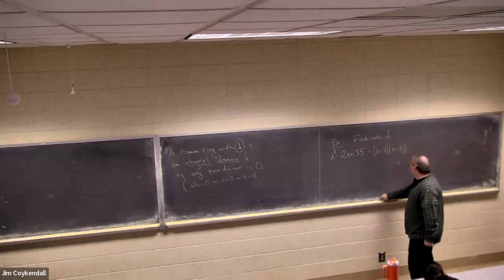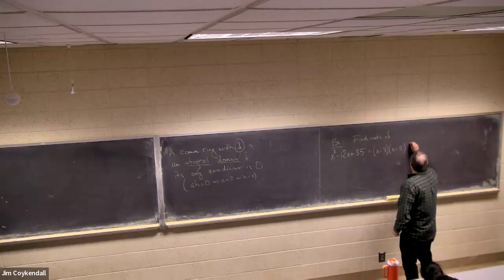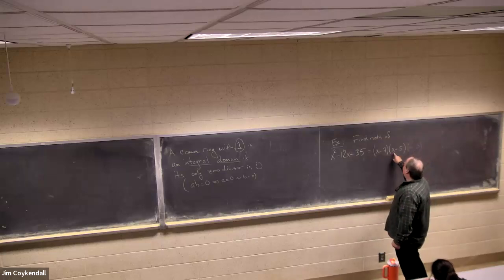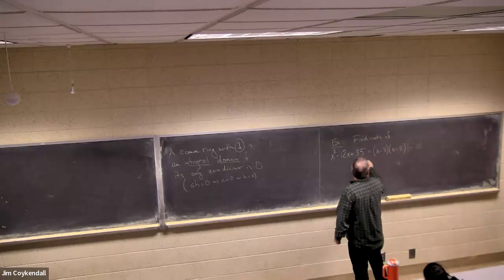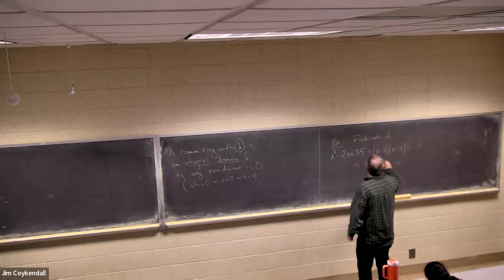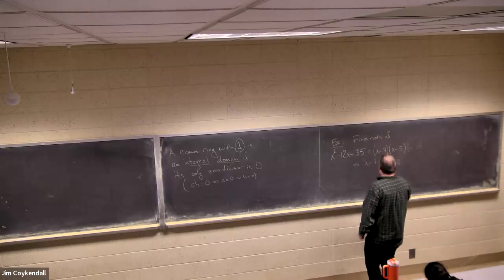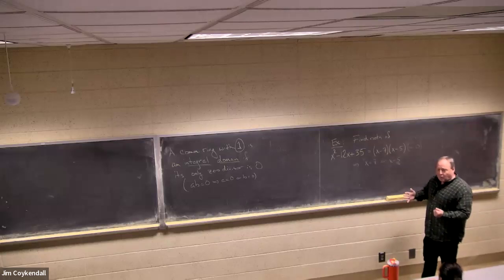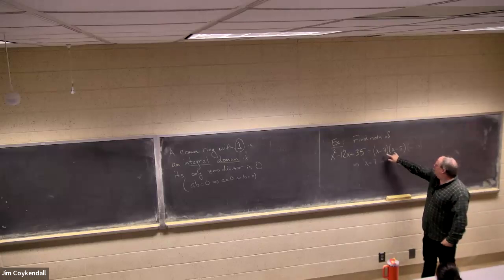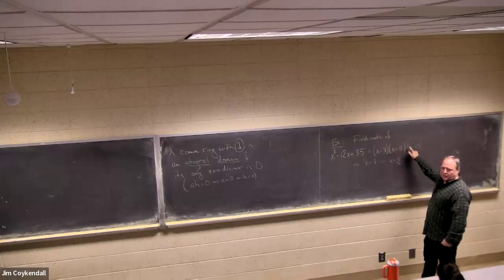Now, if you set this equal to zero, then this implies that x equals 7 or x equals 5. And really what you're hinging this on is that the product of these two things is zero.